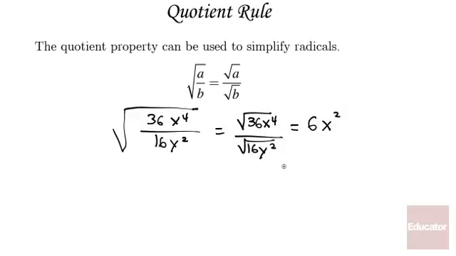And I don't even need the absolute value bar here because it's an x to an even power. So this expression x squared will always be positive. 16y squared, I'm going to go ahead and take the square root of that. That's 4. The square root of y squared, just divide by 2, and then you end up with the absolute value of y. Okay, so again, you can use the quotient rule to simplify radicals just as we use the product property.